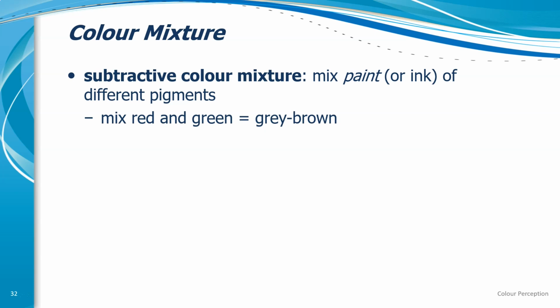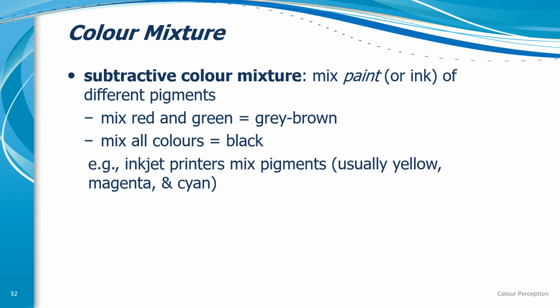They don't really do that anymore, probably because it's too messy or the kids would eat the paint, I don't know. But if you mix red and green paint together, you get kind of a disappointing grayish brown, not a lot of fun. If you keep mixing other paints together, eventually you're going to get really dark gray or basically black. It's kind of the opposite of additive color mixture.